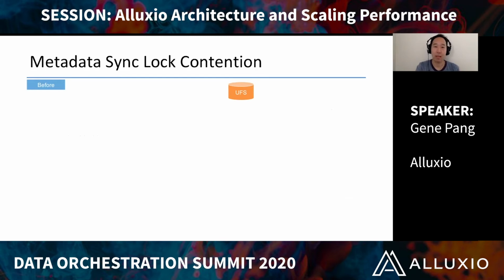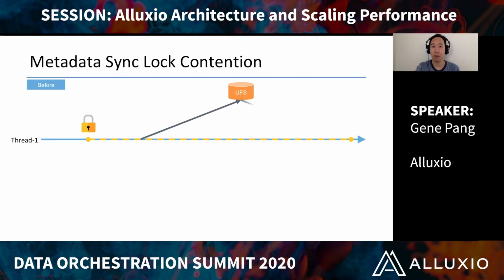This has to happen sometimes, and how it happens is that a request comes in, and that thread will have to lock the namespace that it wants to sync, and then during that lock, it will have to access the UFS, and then update the metadata, if any, in Alluxio.